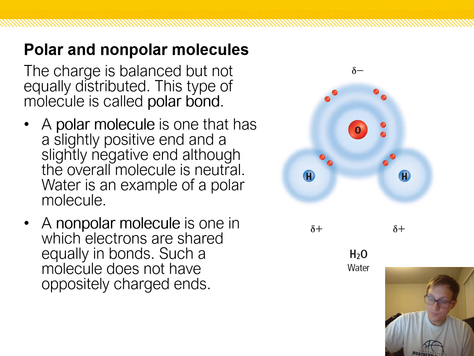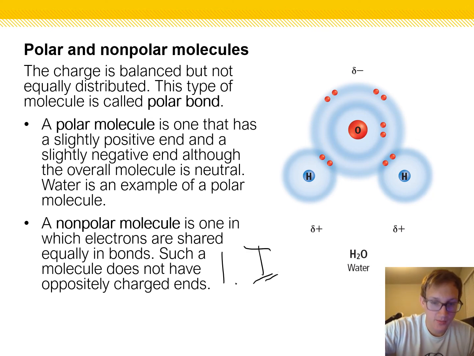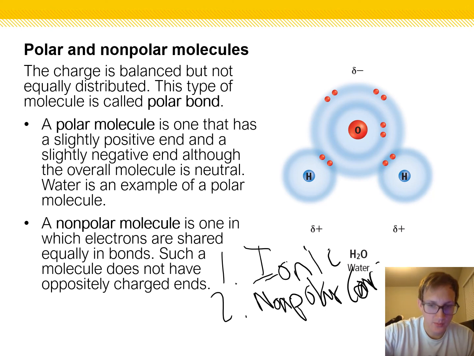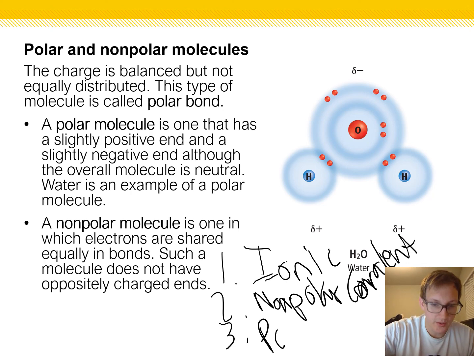So we have talked about 3 bonds. Okay, 1, ionic. 2, nonpolar covalent, and 3, polar covalent.